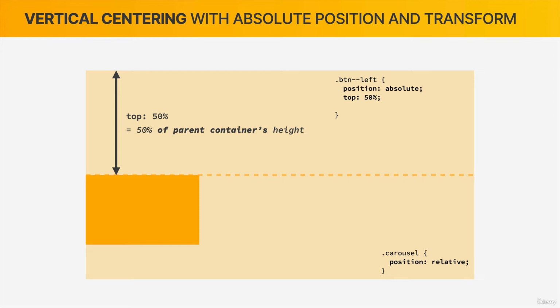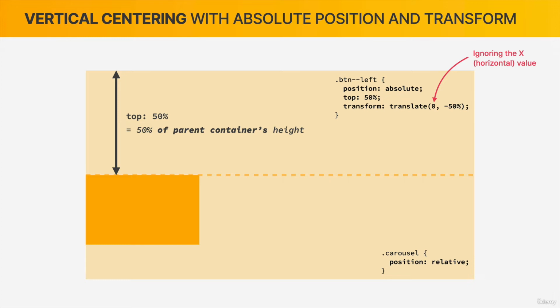Okay. However, as we see here, what it did was to basically move the top of the element exactly to the middle, but not the element itself. And so that's where the second part of this technique comes in. The technique of vertically centering with absolute positioning. That second part is by using the transform property once again.